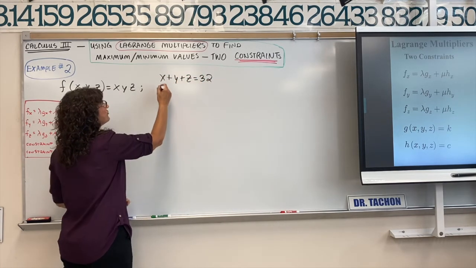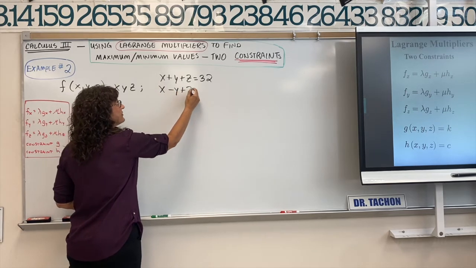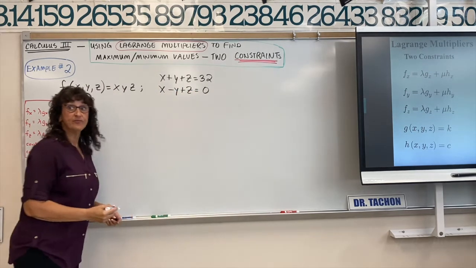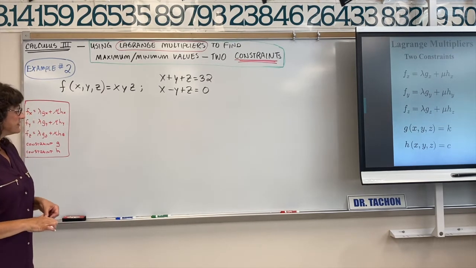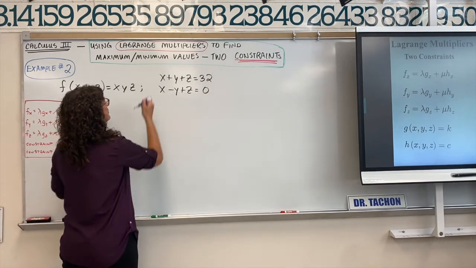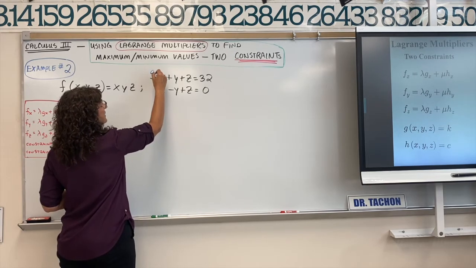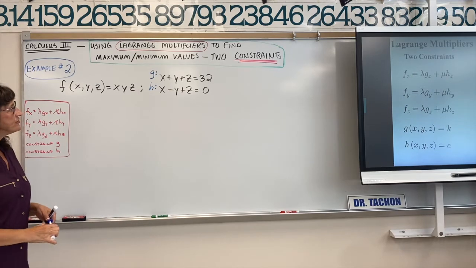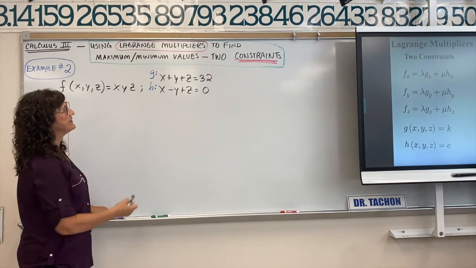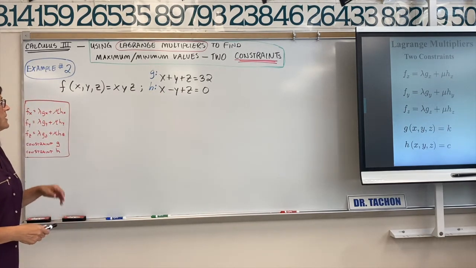Our second constraint is x minus y plus z equals 0. The first is our g constraint, so we label that with a g, and the second is referred to as h. Make sure your variables are on the left and the constants on the right.